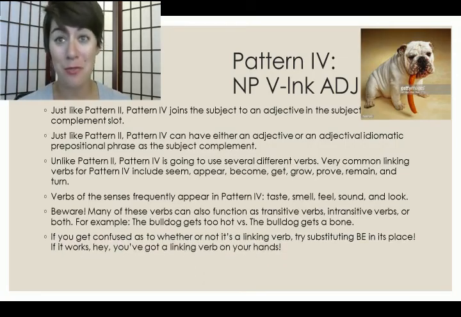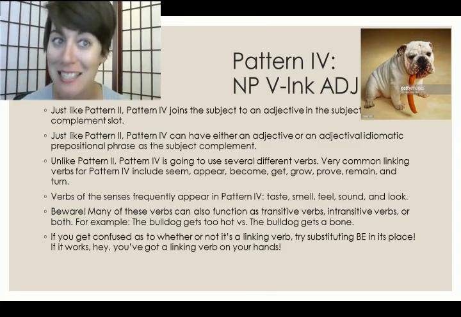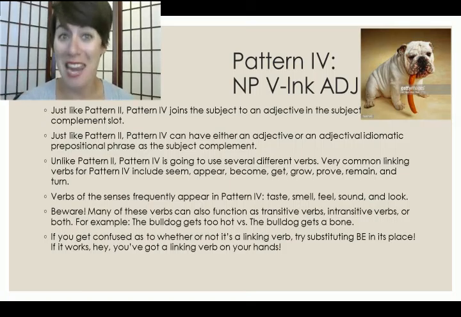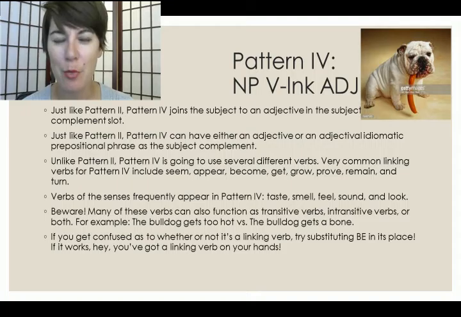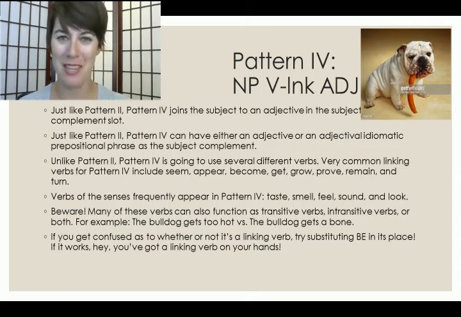So if you get confused about whether or not it's a linking verb, and this is such a fantastic trick, I can't recommend this strongly enough, just try substituting a be verb in its place. If it works, bang, you've got a linking verb on your hands. For example, the bulldog gets too hot. I could substitute the be verb into that sentence.